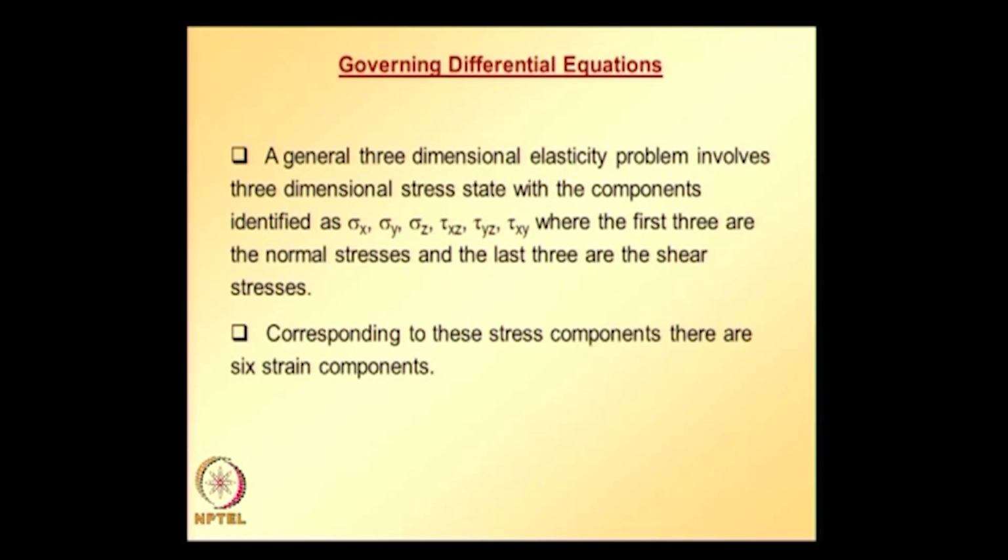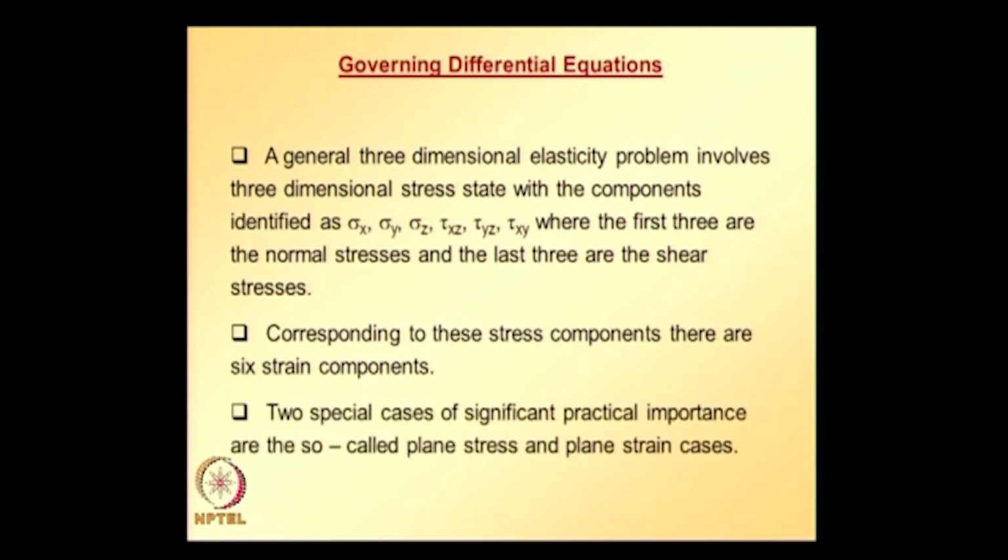Corresponding to these stress components, there are 6 strain components, and this 3D elasticity problem can be reduced to 2 special cases of significant practical importance, and they are called plane stress and plane strain cases.